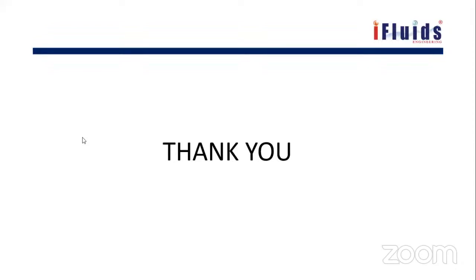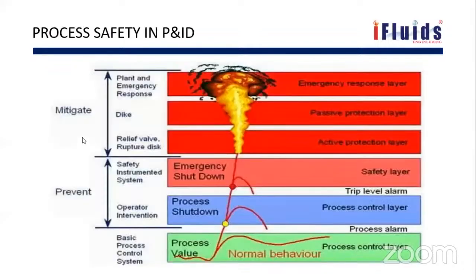Then we saw emergency shutdown systems, which automatically take shutdown in case of any exigency or excursion in temperature, pressure, flow, so any unwanted situation. Then we saw how the process safety requirements are shown in the P&IDs.